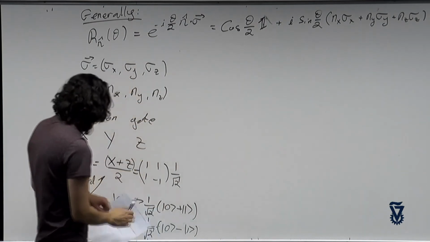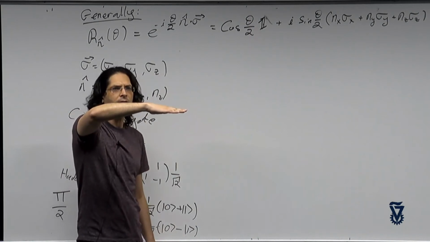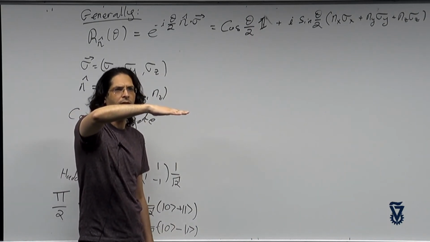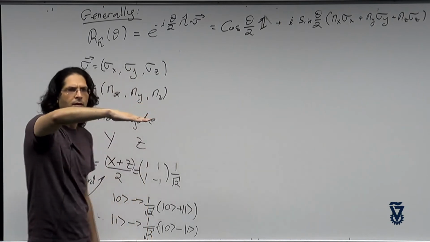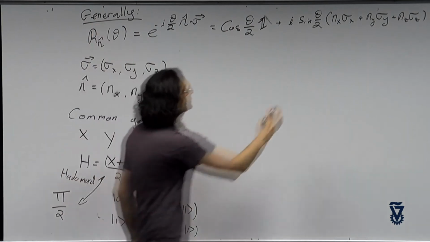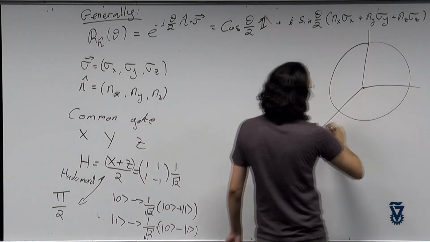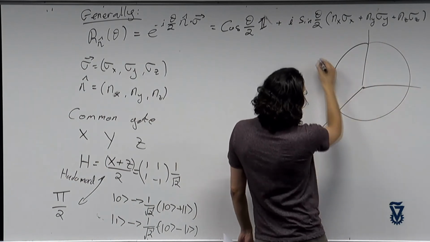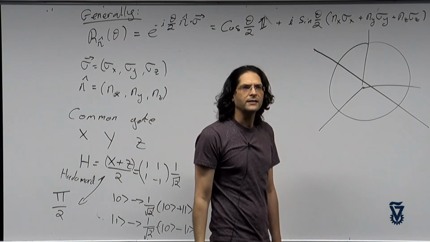But note, if I have 0 plus 1, and I do a Hadamard, what happens to the state? What do I end up with? Anyone? 0. I go back to 0. The Hadamard is basically a rotation around this 45-degree tilted axis.